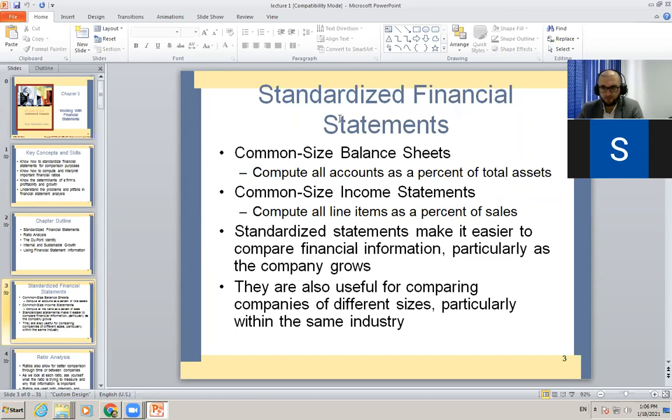So basically, standardized statements make it easier to compare the financial information, specifically when the company grows. So they are all useful for comparing companies of different size if they're in the same industry.